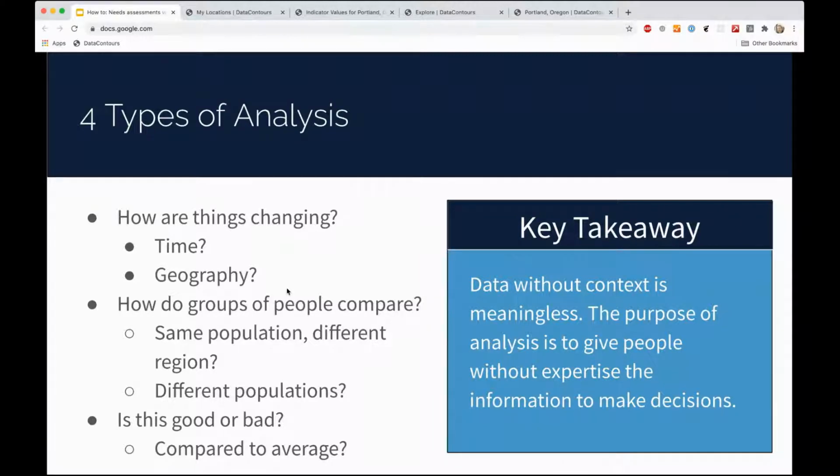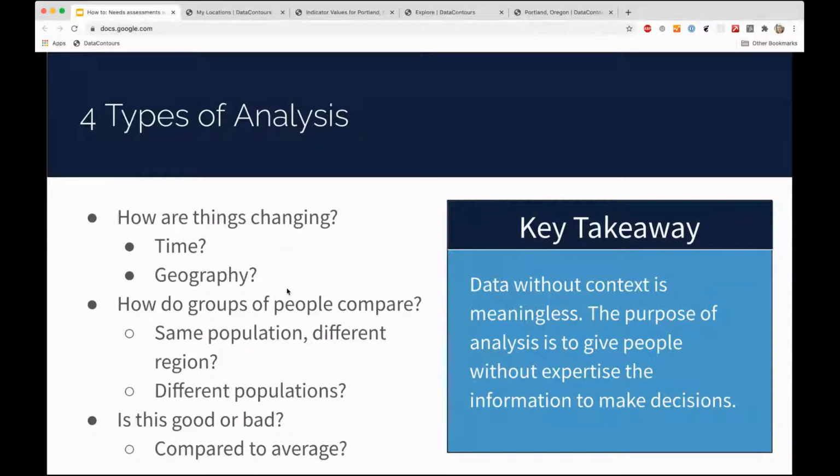Really understanding how they differ from the total, from the average, is a really important part of your analysis, and being able to dive into what those subgroups look like, understand and talk about where there are differences and what the potential causal reasons behind those differences are is a really valuable part of the analysis.